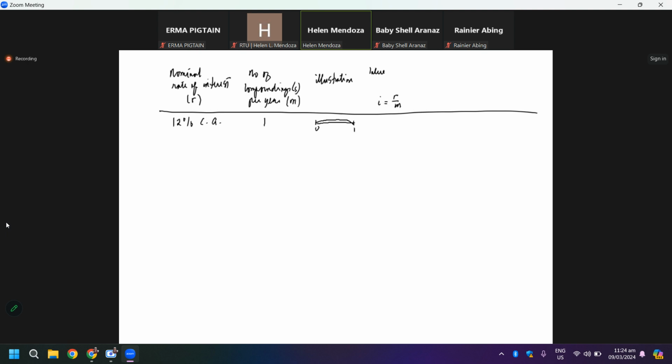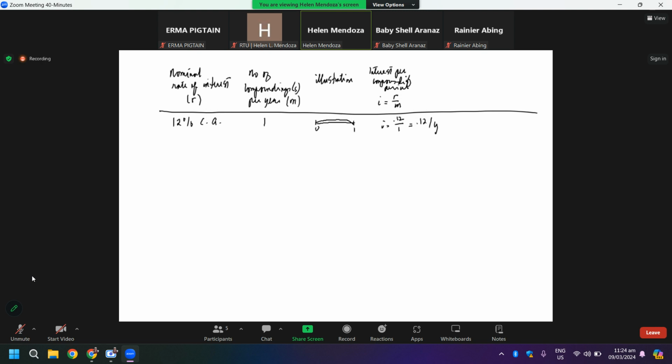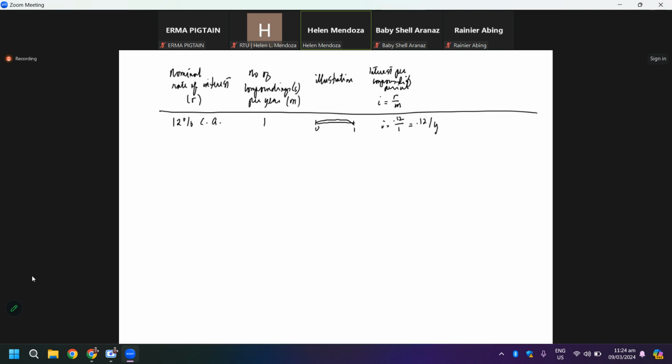So we would have 0.12 divided by 1, which is equivalent to 0.12 per year. One may see that when compounding is once a year, the nominal rate of interest and the interest rate per period will be the same, because the denominator differs.